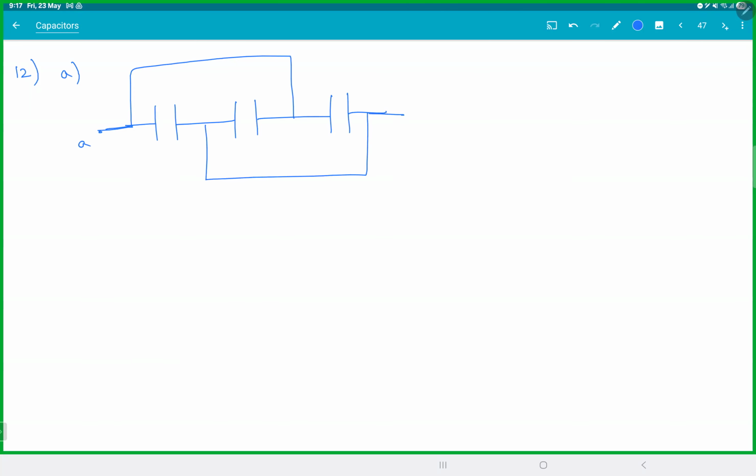So A and B. The battery is connected between A and B. All capacitors are C. I'm not showing you the battery, but the battery will be between A and B.